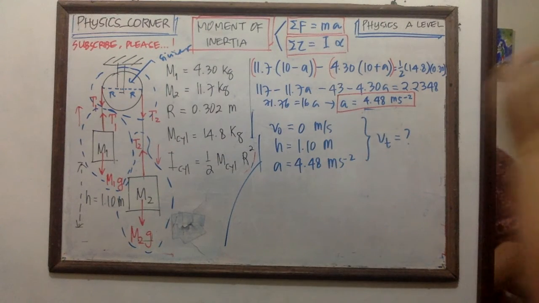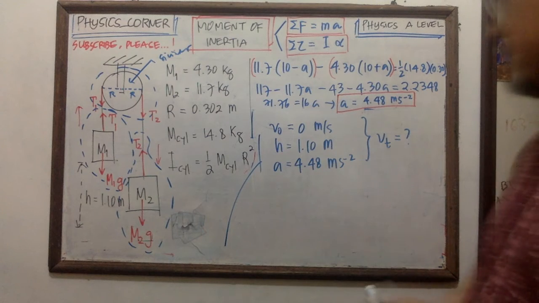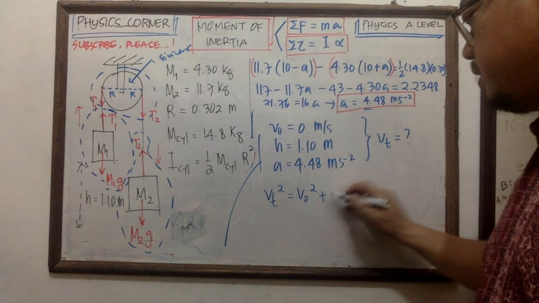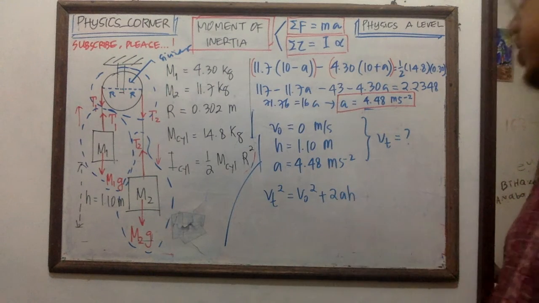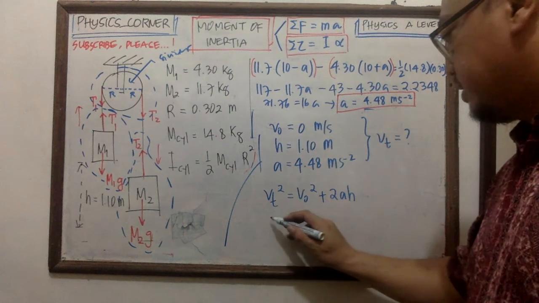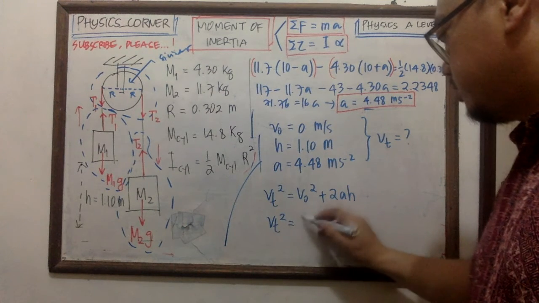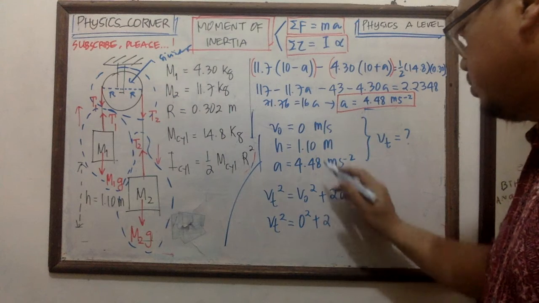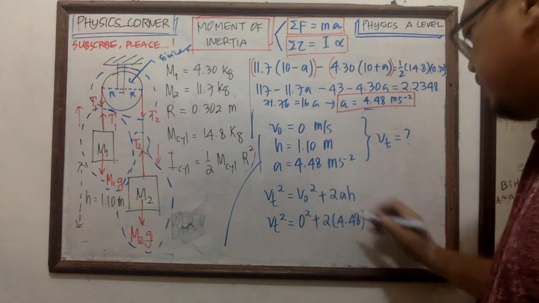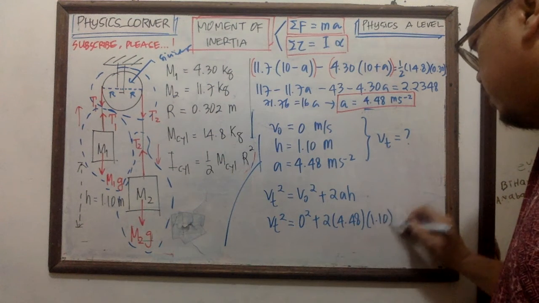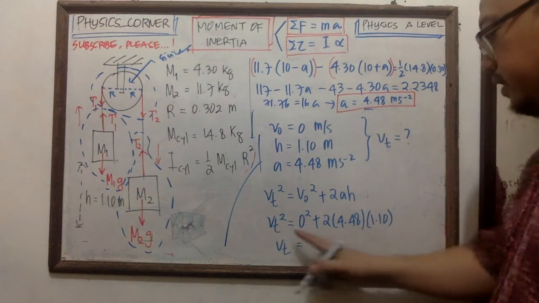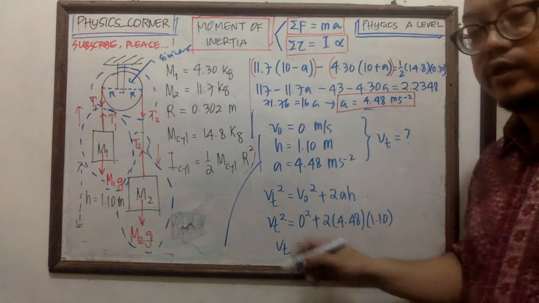We use Vt squared equals Vo squared plus 2ah, because h equals distance. So Vt squared equals 0 plus 2 times 4.48 times 1.10. So Vt equals, after we get this number, the root of it because this is squared.